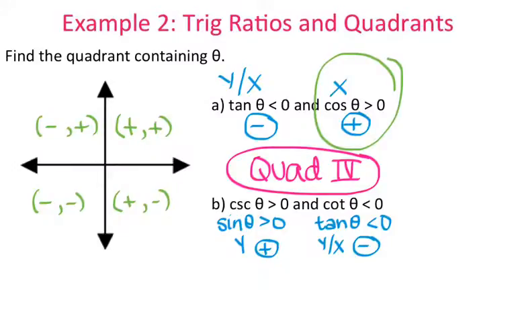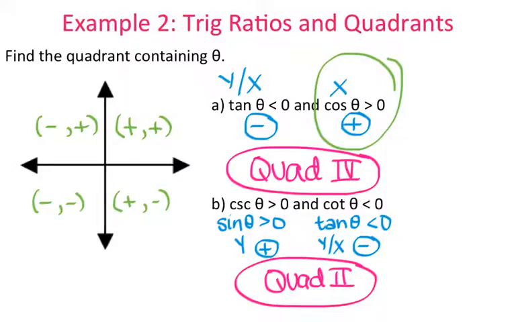So that means this is in quadrant 2. So you're looking for which quadrant meets the qualifications for both of these trig functions. So you just need to remember that cosine's your x, sine is your y, and tangent comes from dividing your y by your x. And then choose the appropriate signs, and that'll tell you which quadrant you're in.